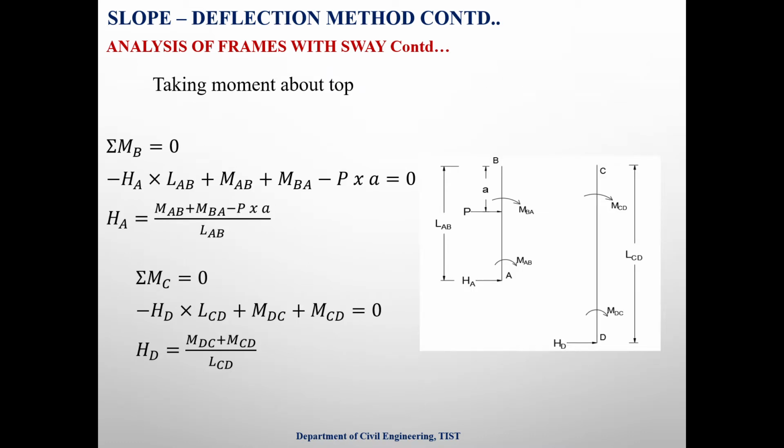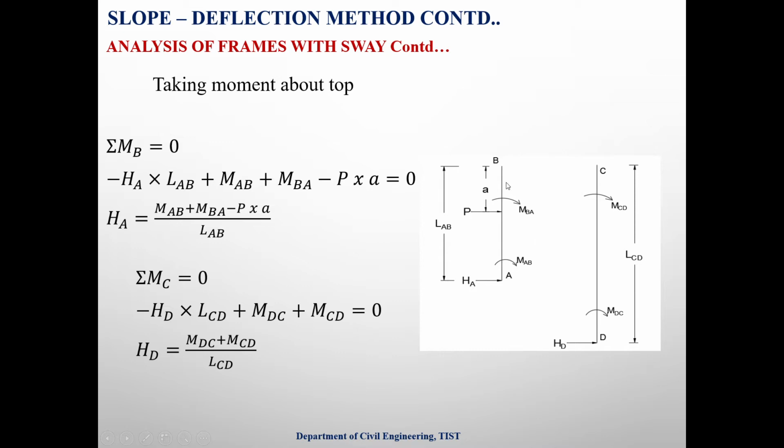Then consider the free body diagram of columns AB and CD and mark all the forces and moments in the positive senses. That means moment in the clockwise direction and the horizontal reaction towards the right. After considering the free body diagram of the columns AB and CD, then take the moment about the top joint.